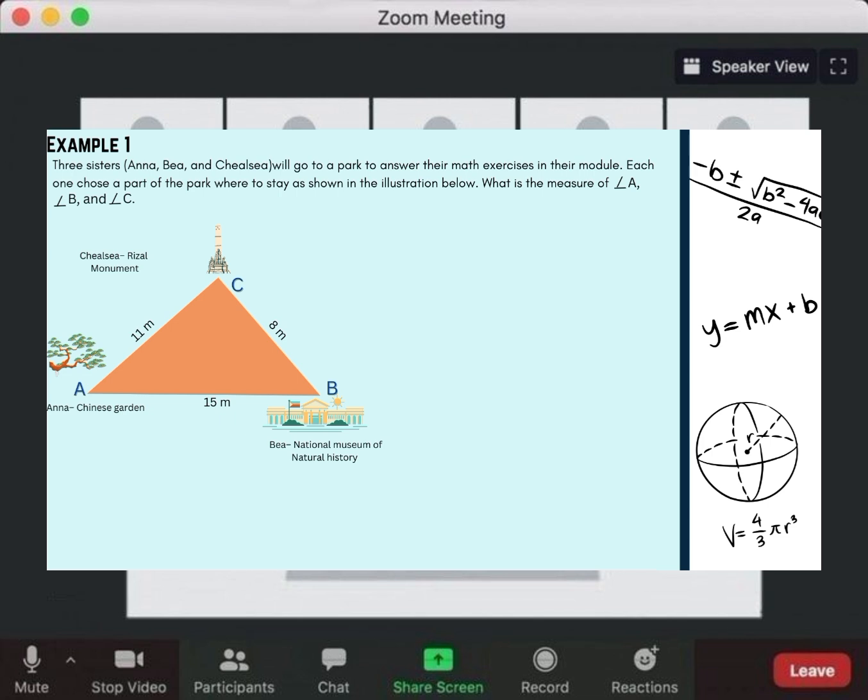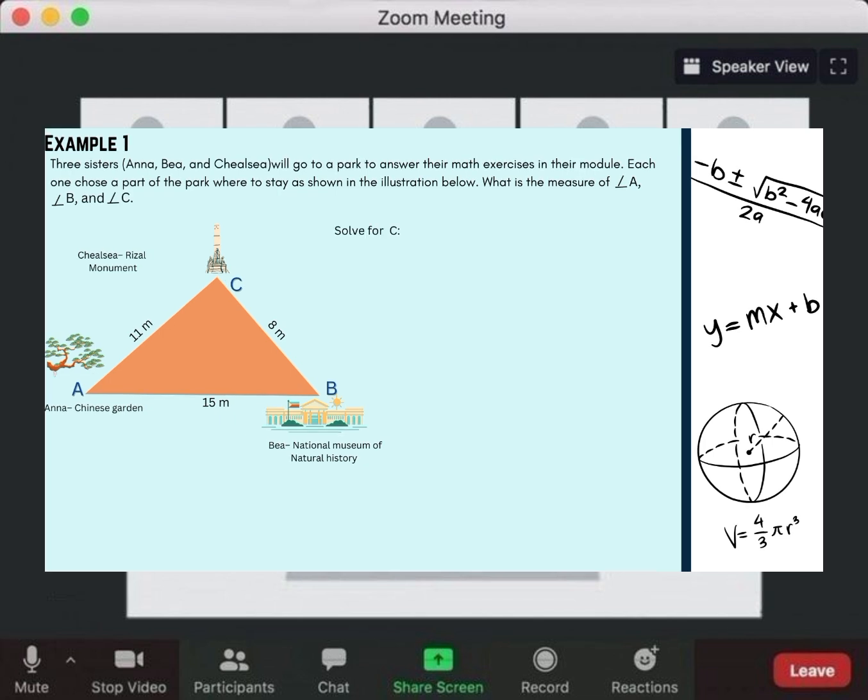Now, as you can see, we can classify this oblique triangle as SSS since the measures of the three sides are given. In solving an oblique triangle using the law of cosines, the first step is to solve the angle that is opposite to the longest side. Since 15 meters is the longest side, we are going to start with angle C. To solve for C, cosine C equals A squared plus B squared minus C squared over 2AB.